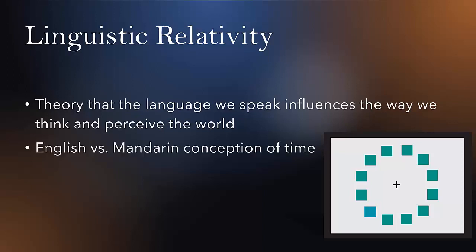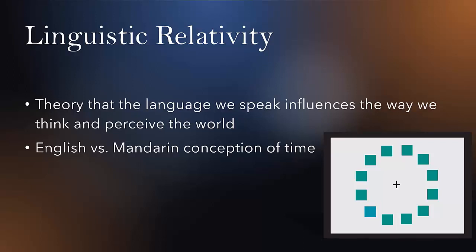There are a few studies that have tried to find differences across languages in the way that they talk about different concepts, and see if that influences their behavior or their performance on different tasks. One of these looked at the difference between the way that English speakers and Mandarin speakers conceive of time. In English, when we talk about time, we often talk about it as being in a horizontal plane.